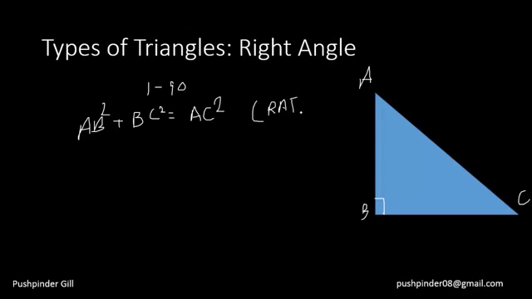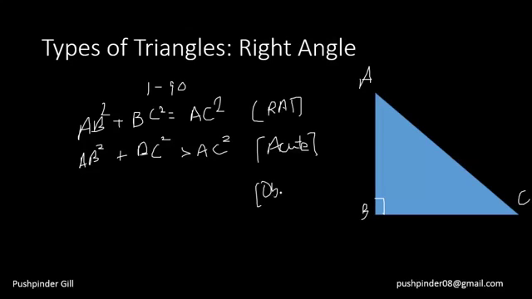Now similarly, if you take an acute triangle, then AB square plus BC square would be greater than AC square, which is the biggest side. Similarly for an obtuse triangle, it is the same thing, just that this would be less than AC square.